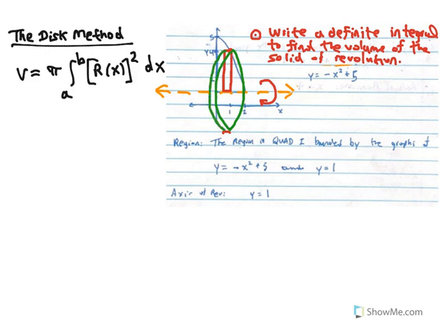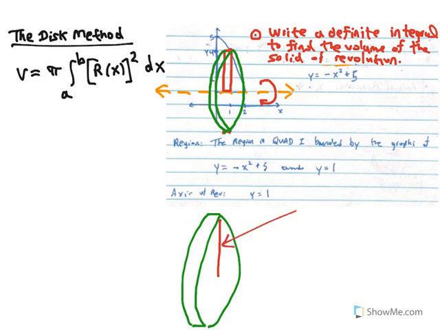And for this disk, we can find the area of the base. The area of the circular base can be found by knowing the radius of the circular base and doing pi r squared.